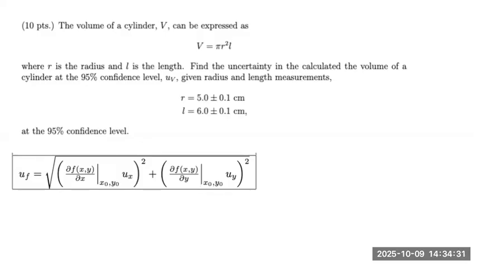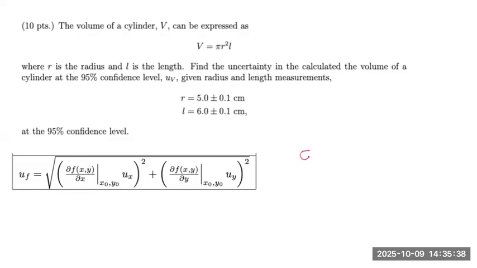Here, instead of x and y, we have r and L, and that's what we're going to differentiate. So we first have to find the partial derivatives, since this is the one we want to find the uncertainty for.